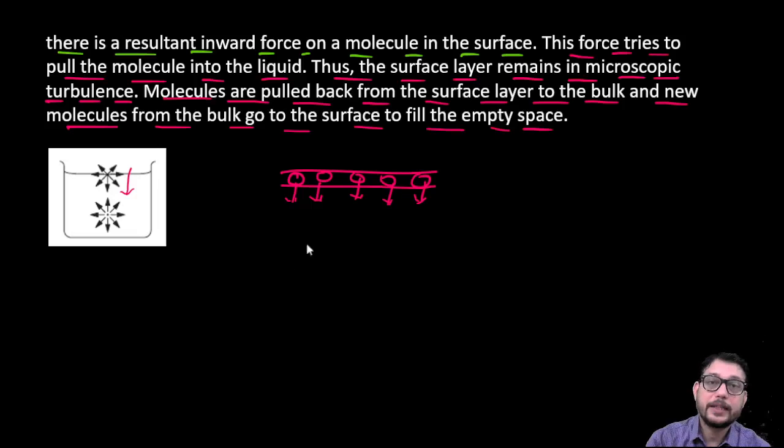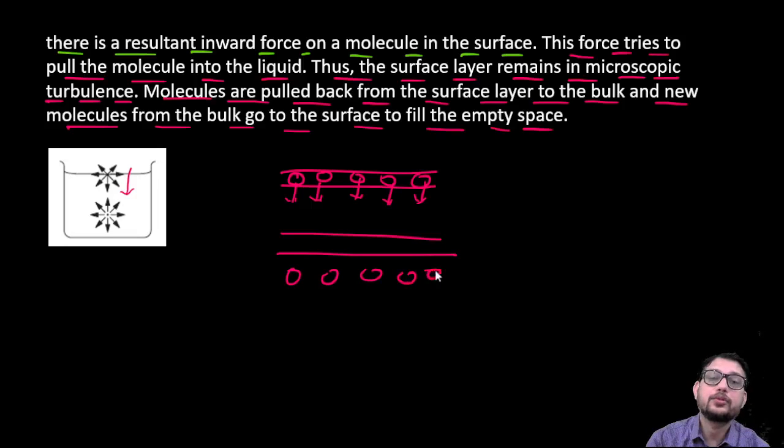If these molecules are pulled, then they will come here, and now this surface is totally empty. Now what will happen? Whatever molecules are below the surface will move and occupy the empty space of the surface.